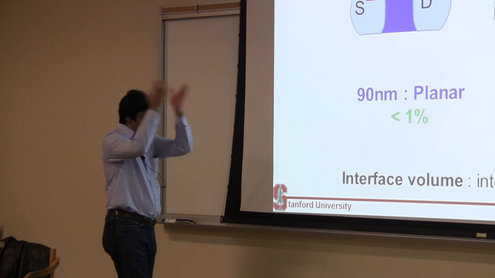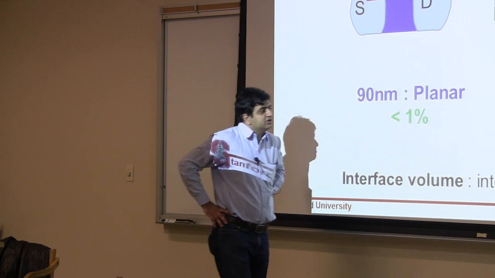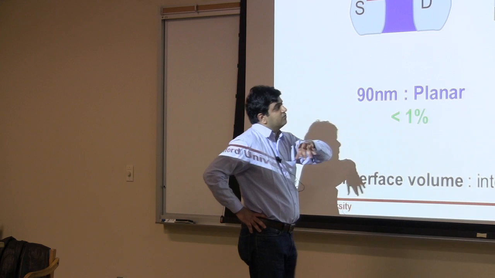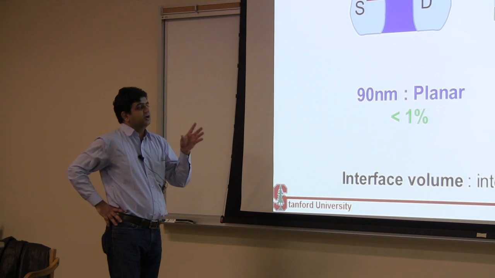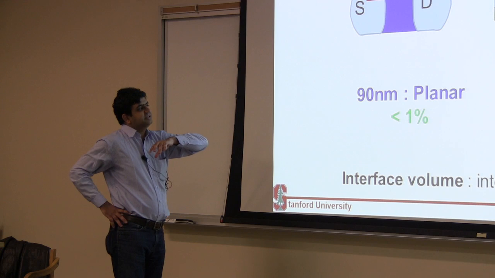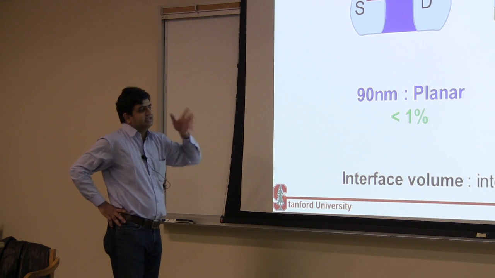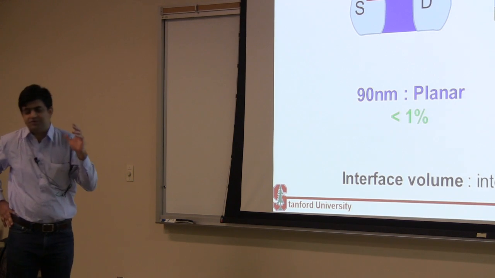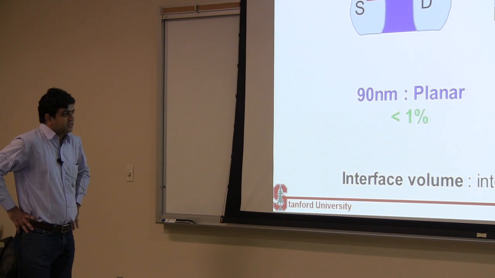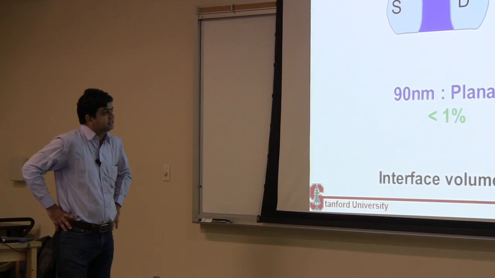In a FinFET device, when you want these tall and thin fins, up to 15% of your volume is essentially your surface volume, or the proportion of your surface area or interface of your device is becoming a larger and larger percentage of your total volume. And this is causing a lot of challenges as well as opportunities.